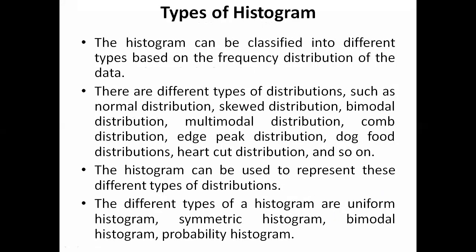Types of histograms. The histogram can be classified into different types based on the frequency distribution of the data. There are different types of distribution such as normal distribution, skewed distribution, bimodal distribution, multimodal distribution, comb distribution, edge peak distribution, dog food distribution, heart cut distribution, and so on.